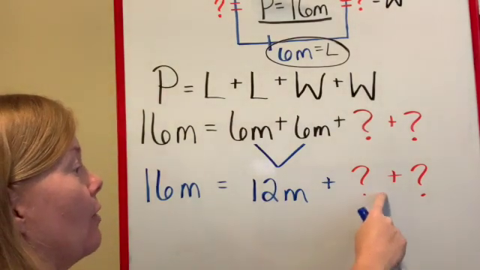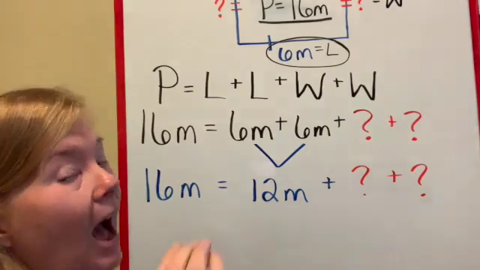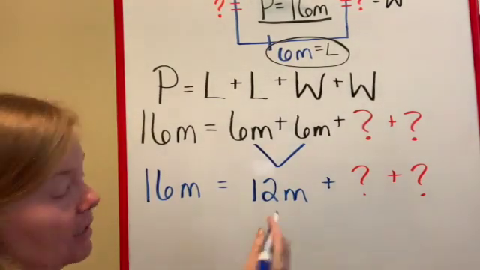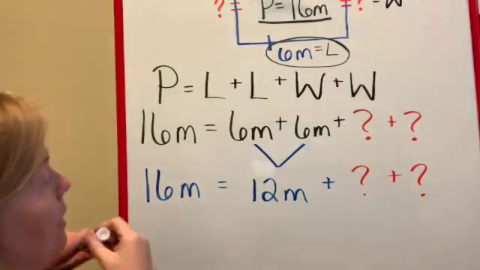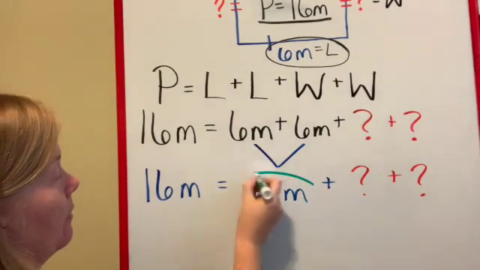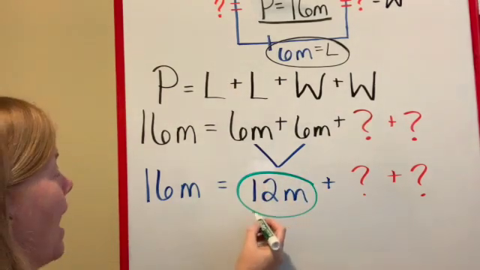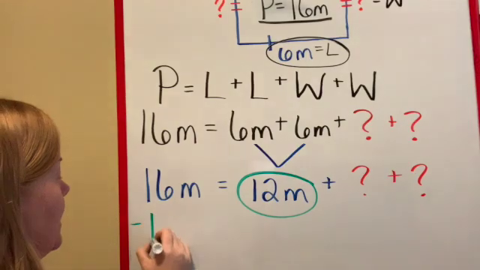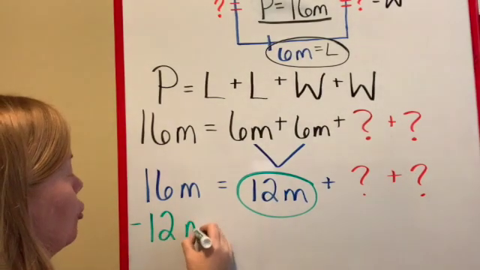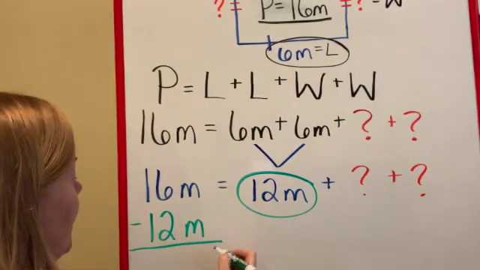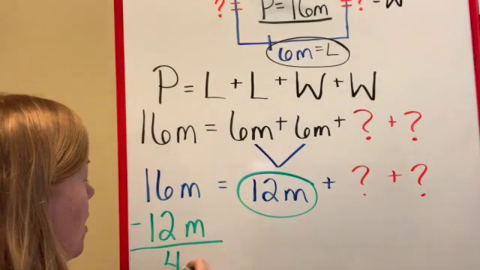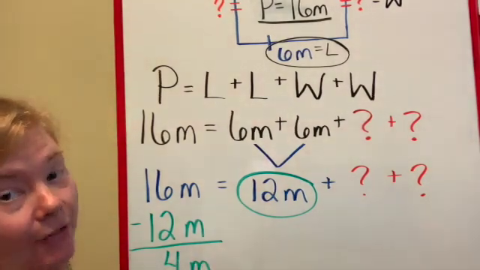So here we are with a question mark plus a question mark. I like to take my 12 and subtract it. So I say 16 minus 12 gives me 4 meters left over.